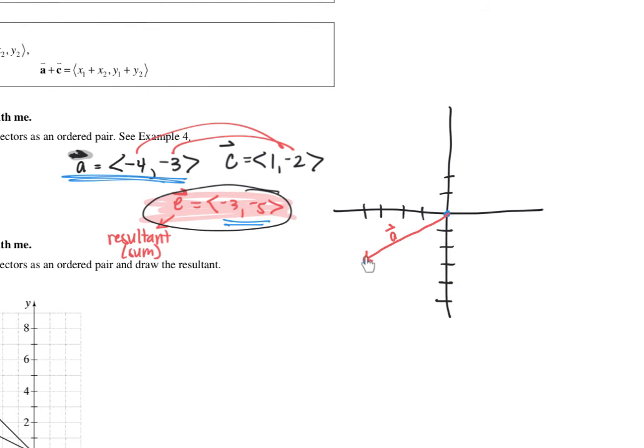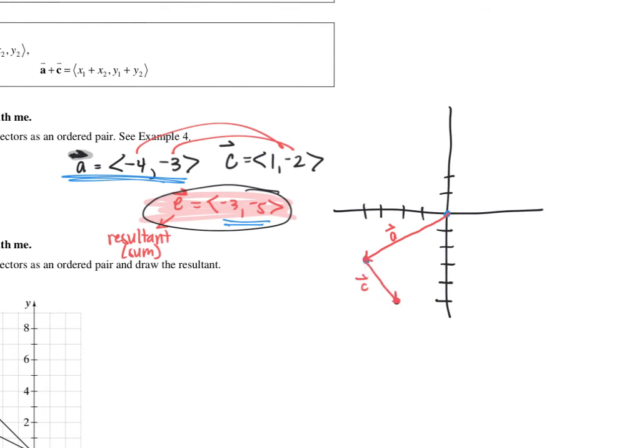So this is now the initial point of vector C because we're adding this movement with that movement. So let's go right 1 and down 2. So there's vector C's terminal point, more or less. As I went 1, negative 2 from this initial point.